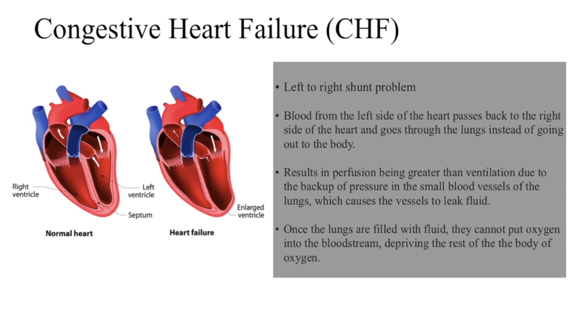CHF is a left-to-right shunt problem. Blood from the left side of the heart passes to the right side of the heart and goes through the lungs instead of going out to the body. This results in perfusion being greater than ventilation due to the backup of pressure in the small blood vessels of the lungs, which causes the vessels to leak fluid.